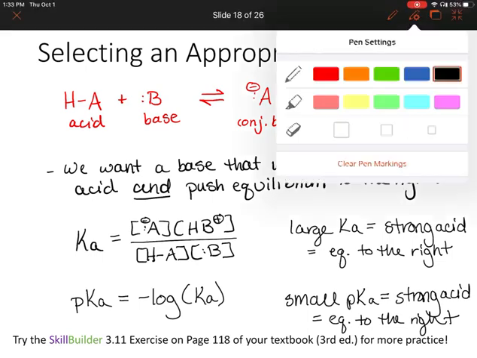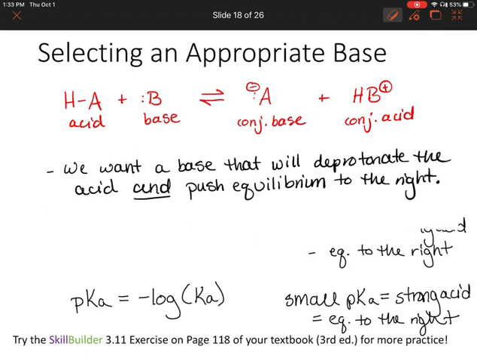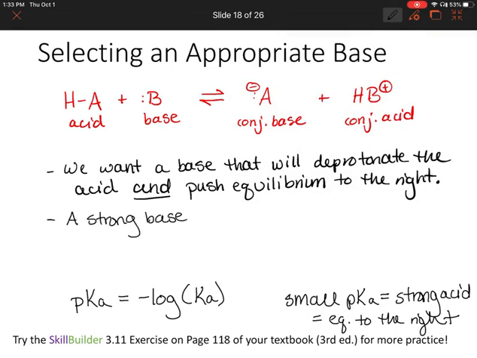So let's just quickly write that down as a review here. And remember, a weak acid will have a larger pKa value.